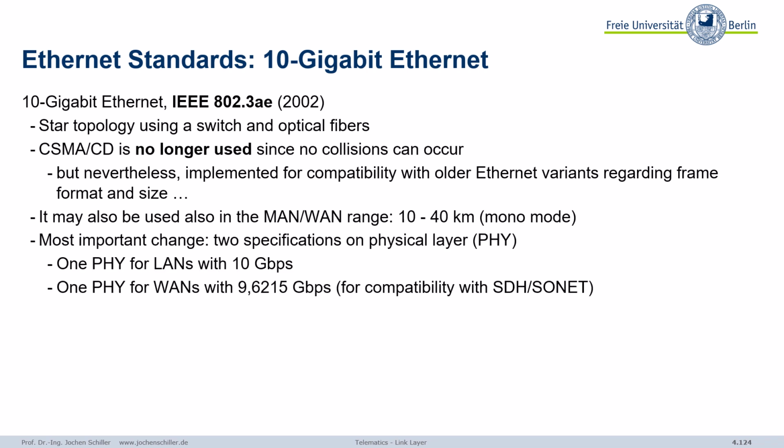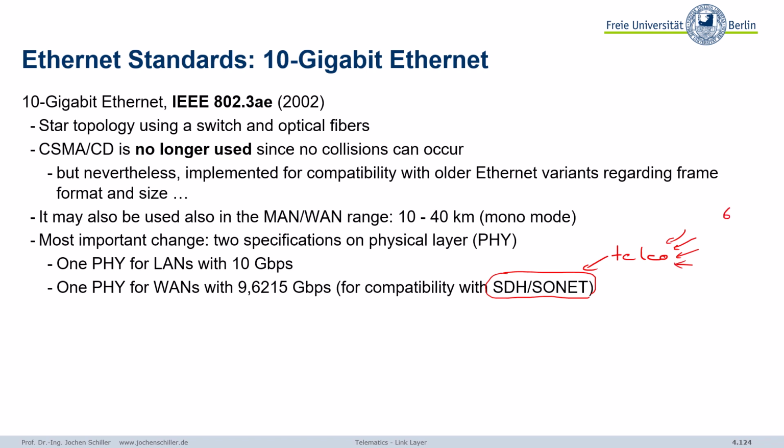And there are different physical layer specifications. So physical layers using 10 gigabit, or specifications compatible with other technologies. We'll not have a closer look. This was a classical technology coming from the telco domain, so telecommunication. This is where we had thousands of voice streams multiplexed.